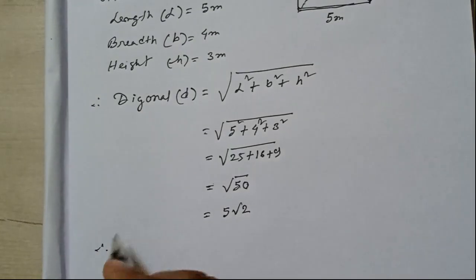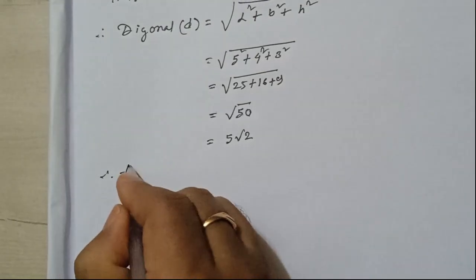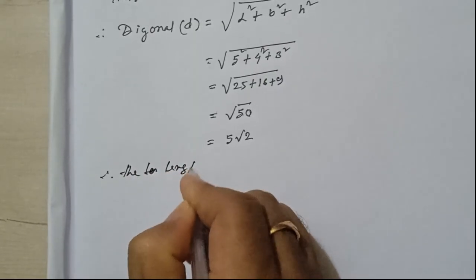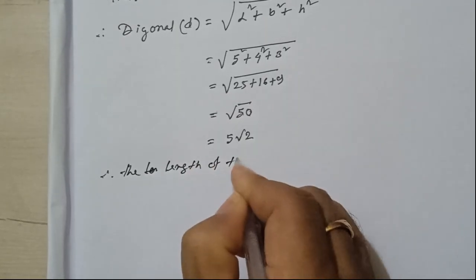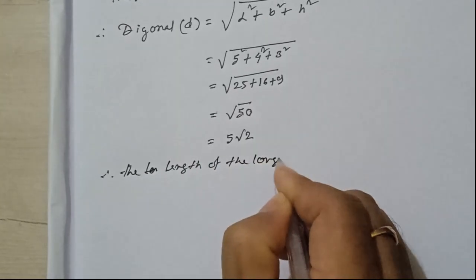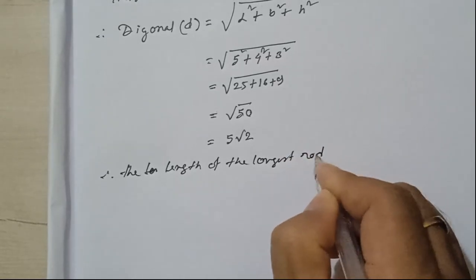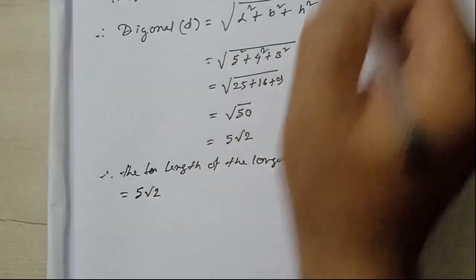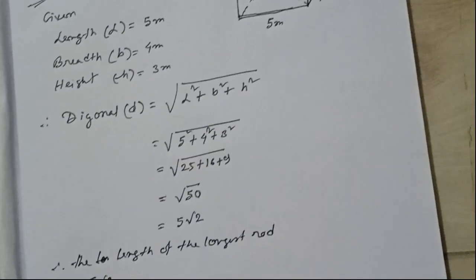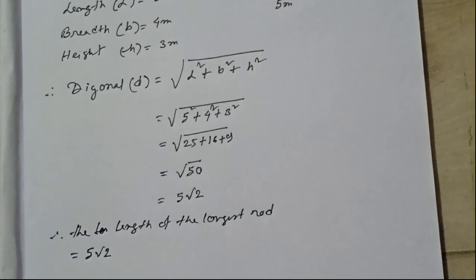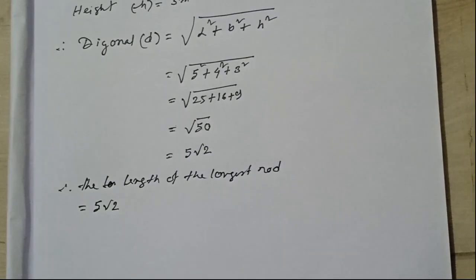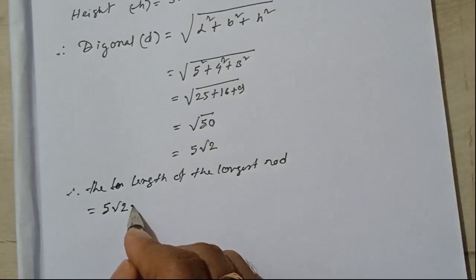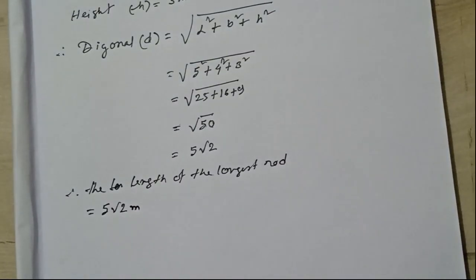Hence, the length of the longest rod is equal to 5 square root 2 meter.